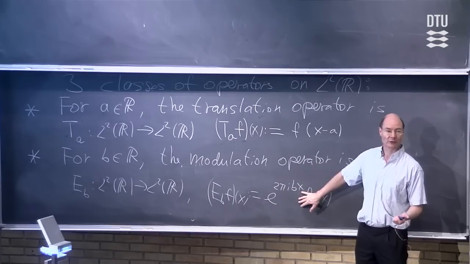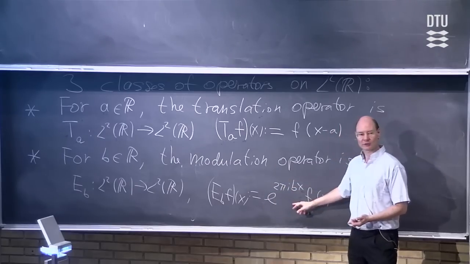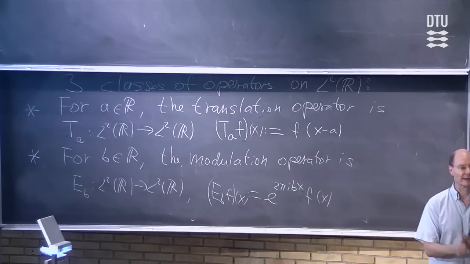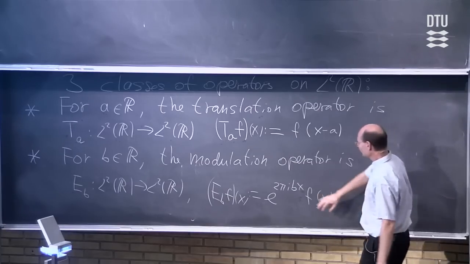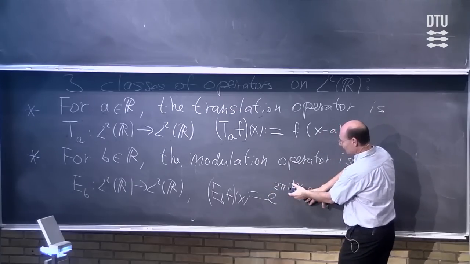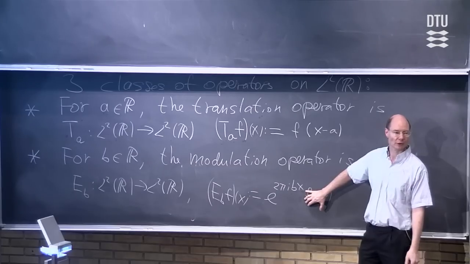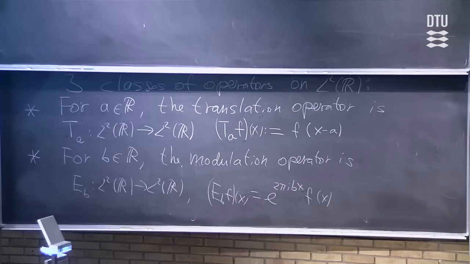Because Fourier series in complex form are formed exactly by looking at functions of this type, where the parameter b is then something that you just call k, and k runs through all the integers. So the functions in the complex exponential Fourier series are exactly the functions of this type, where the parameter takes the values 0, plus minus 1, plus minus 2, plus minus 3, and so on.